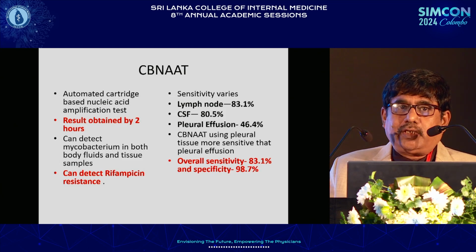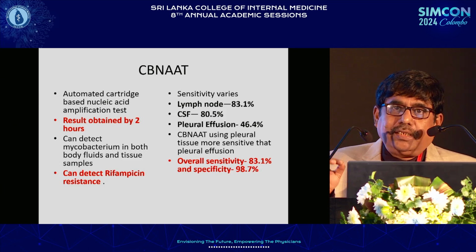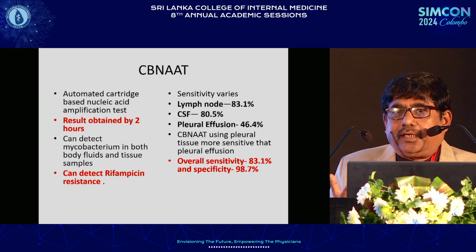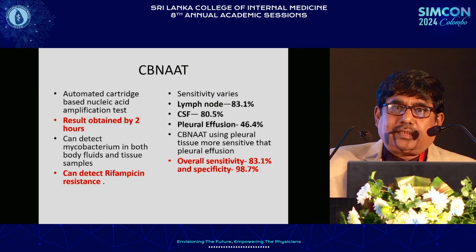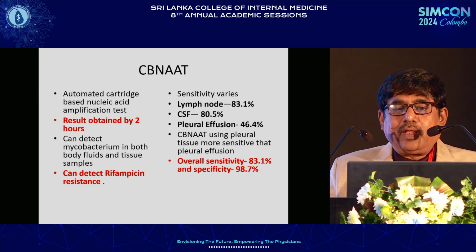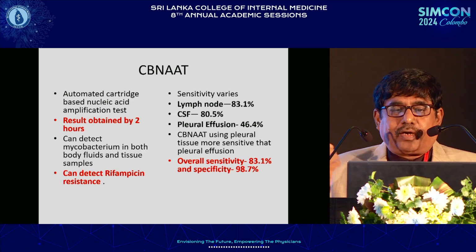Pleural effusion, though the commonest extrapulmonary tuberculosis, is a challenge to us because we often send the pleural fluid for analysis. We get lymphocytic predominance, high protein, high ADA. But for CBNAAT, its sensitivity is very low, around 40 to 45%.